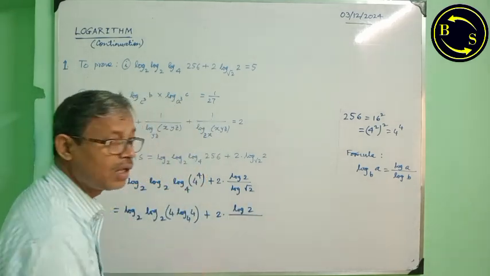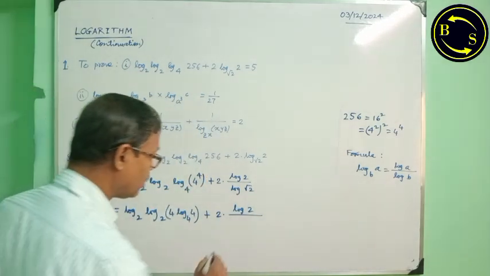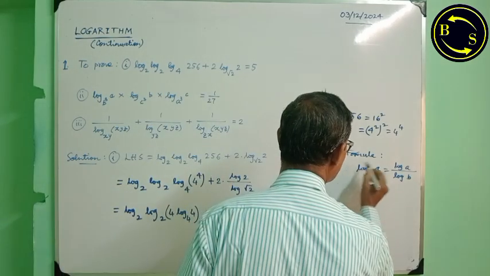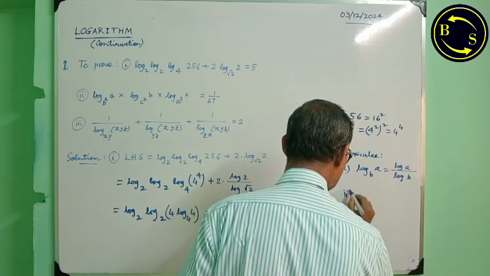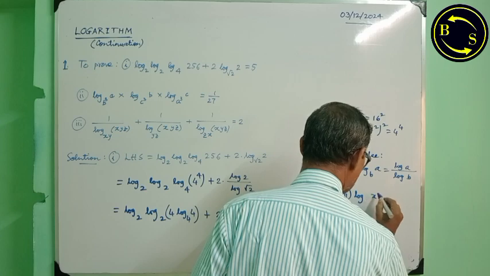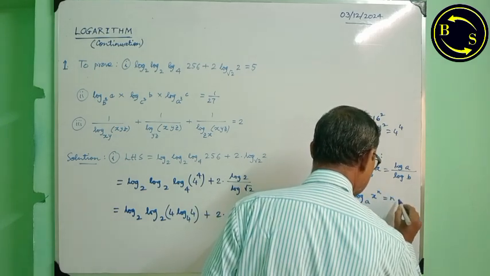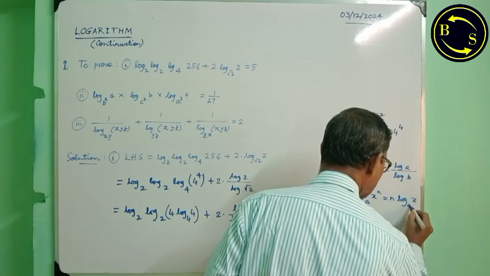This is root 2, which means log 2 to the power half. Therefore, as per this formula, log of x to the power a to the base a will be equal to a log of x to the base a.